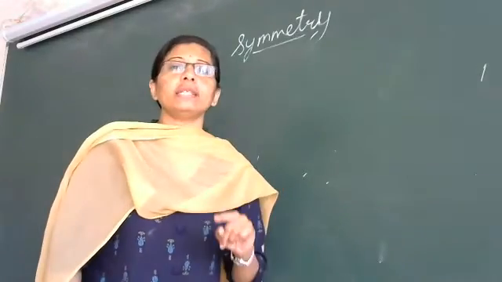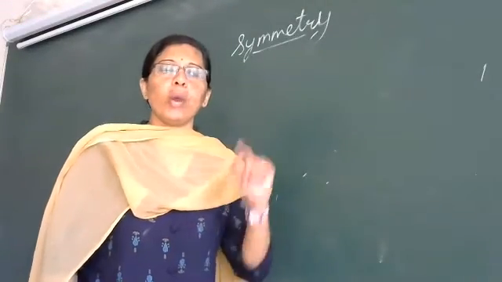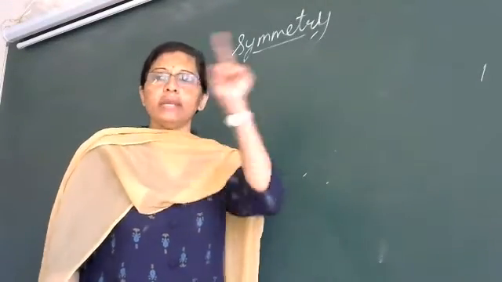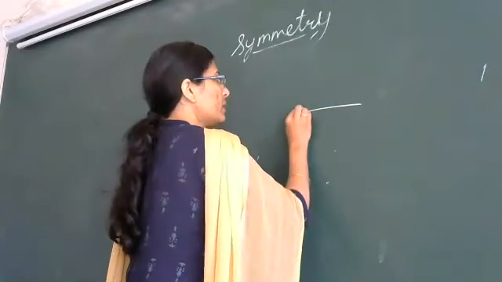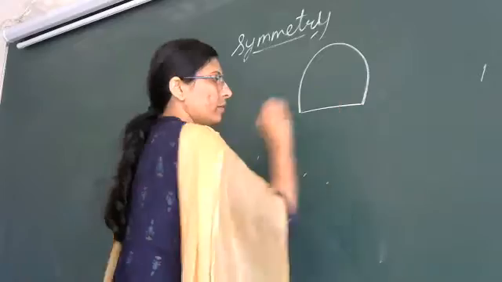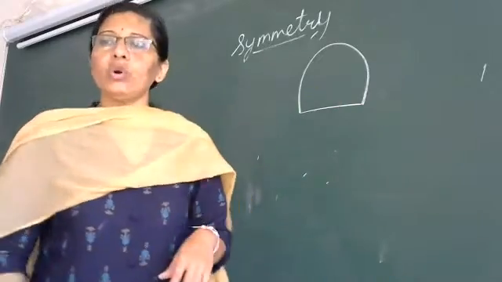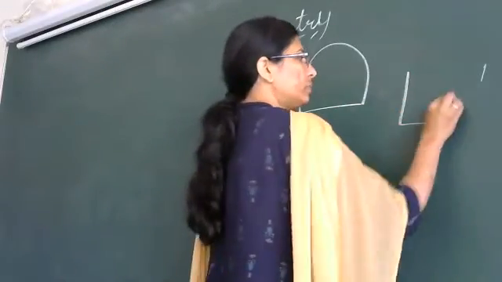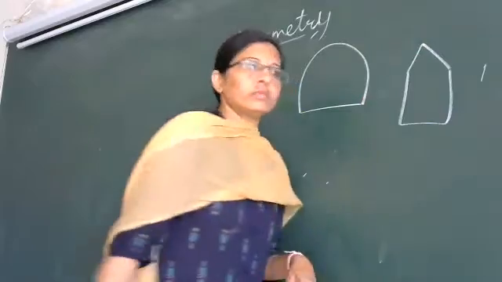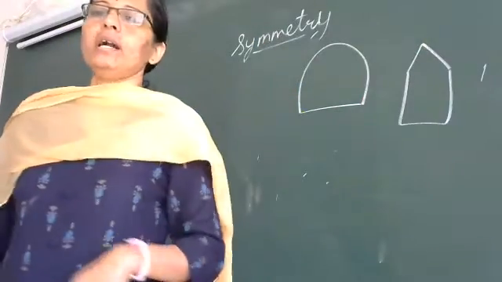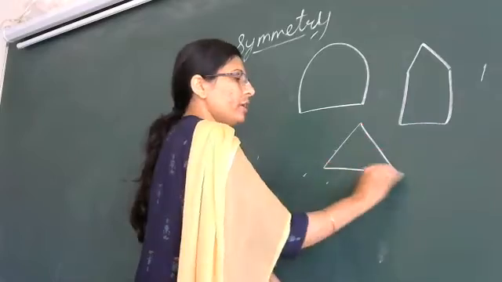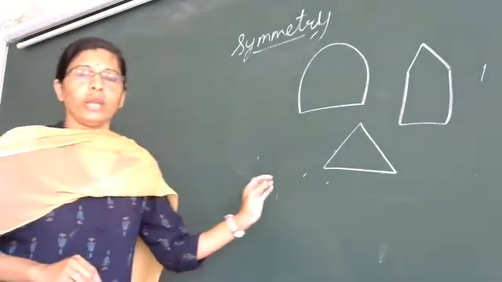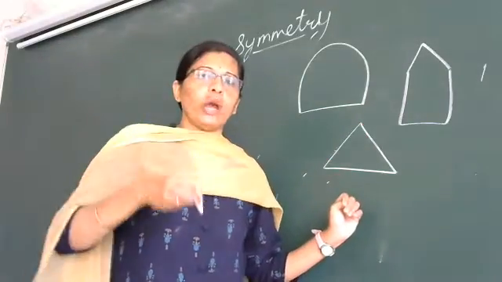There they have given some figures. A square is given, one semicircle. It's not a proper semicircle, but it's like that. Then they have given a pentagon, then a triangle. So you have to draw the lines of symmetry for those. You will draw with pencil.